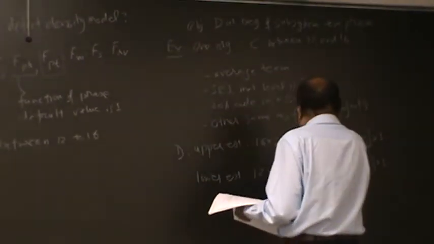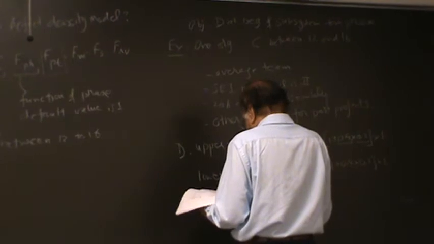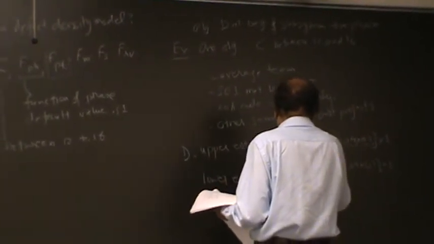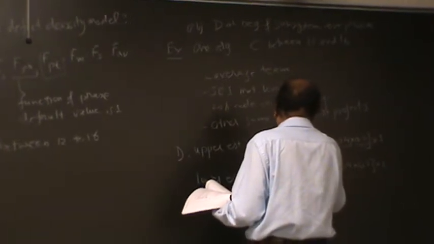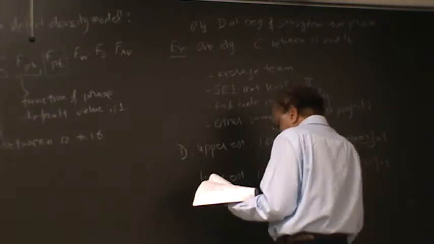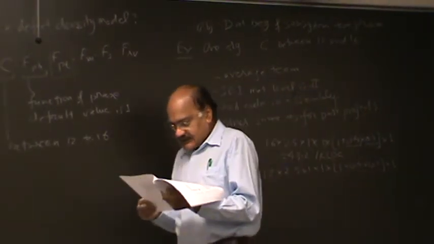And so this comes out to be 43.2 per 1,000 lines of code, or sometimes you will say per 1,000 source lines of code.